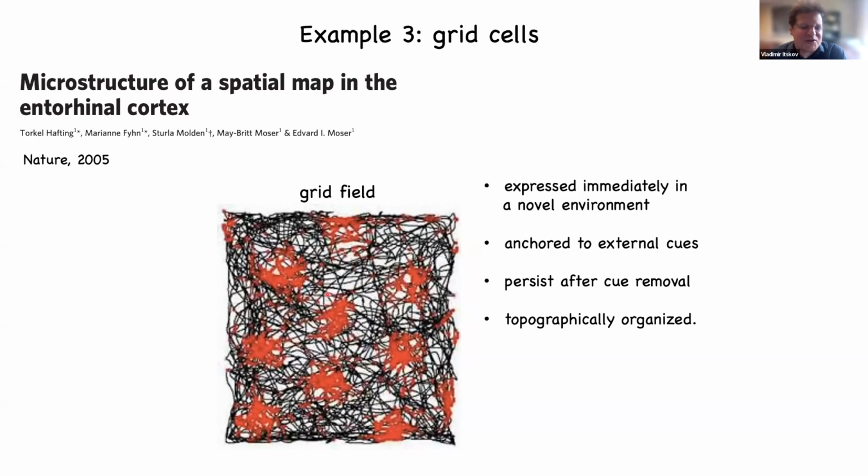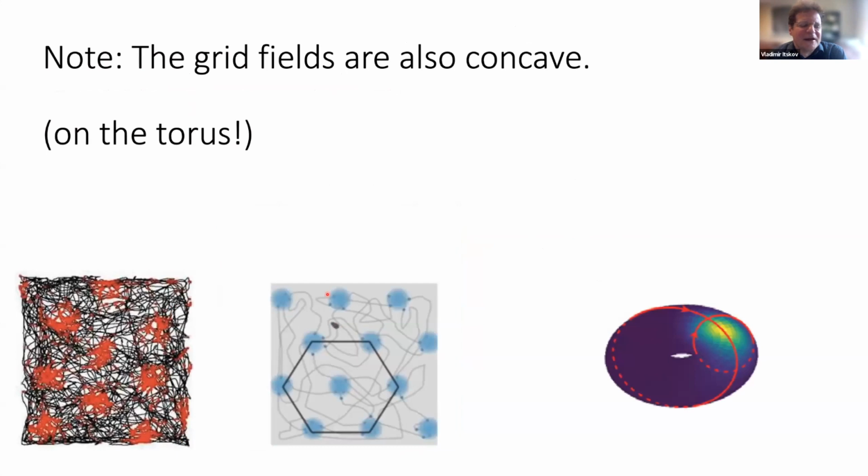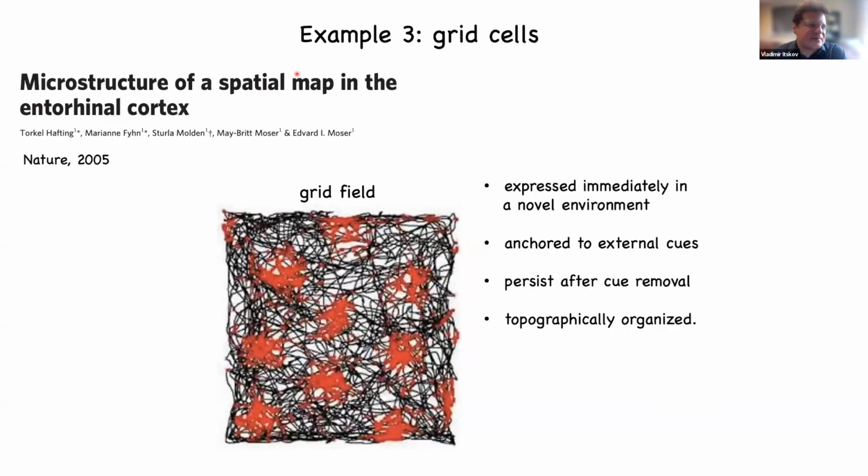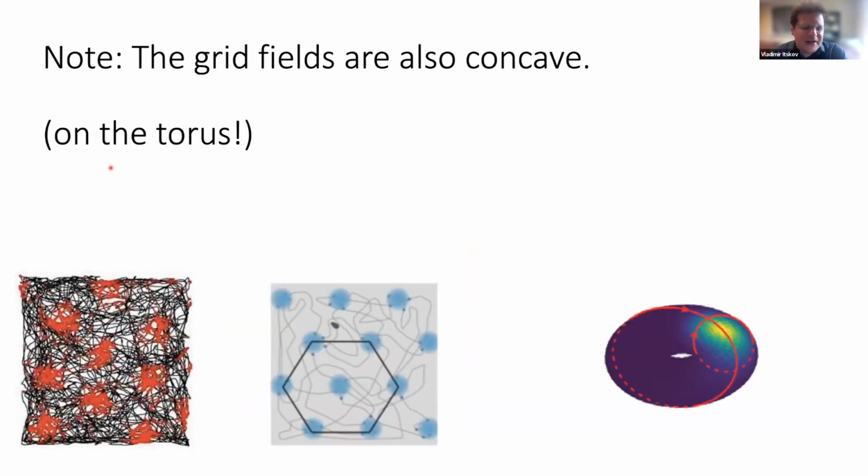So it sounds like I'm showing you a counterexample, but actually a very nice observation, which I believe was also made in this paper from 2005, is that this is a regular hexagonal grid. Now if you wrap it into a torus, all of a sudden you again obtain a convex receptive field, just not on a two-dimensional space, but rather on a torus.